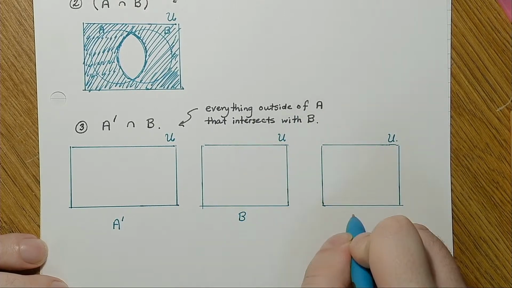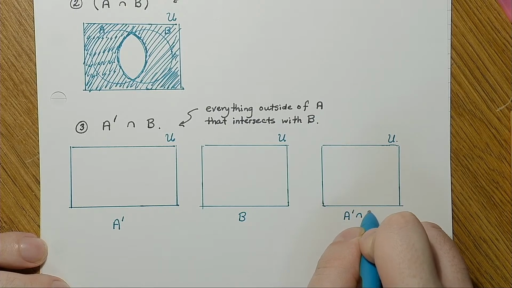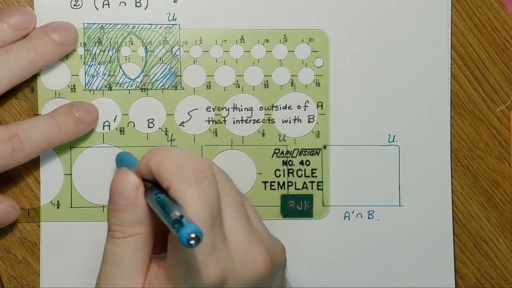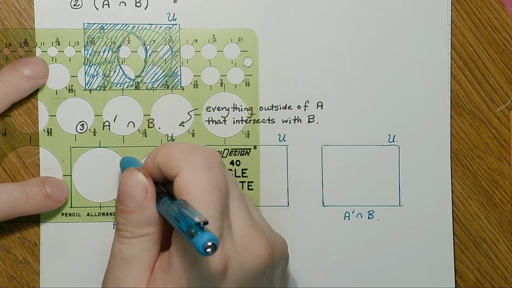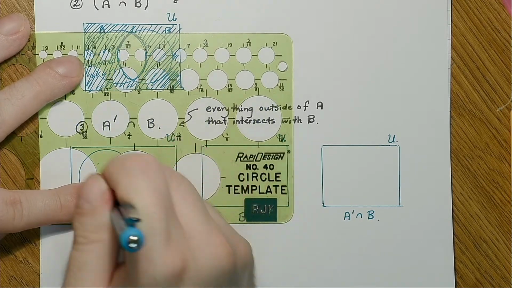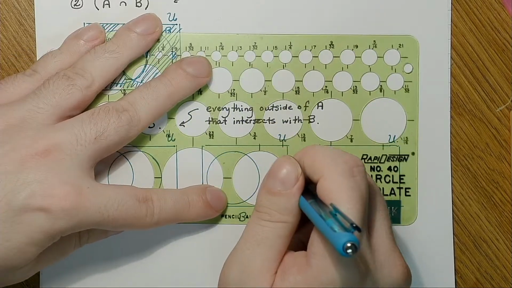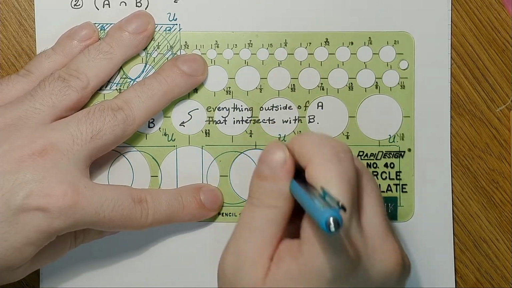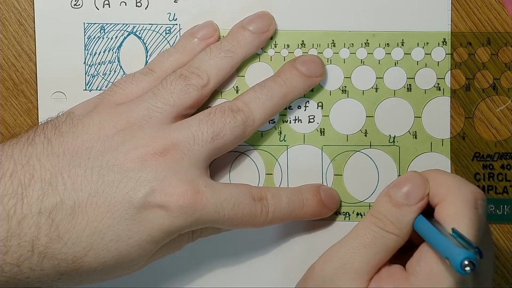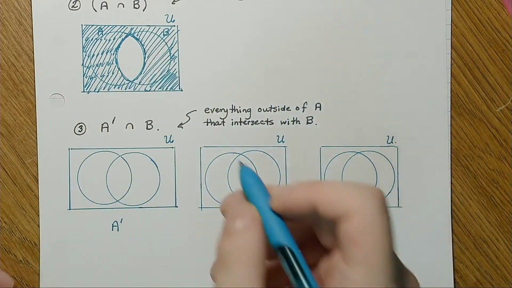Over here we will do B, and then we'll do A prime intersect B. Okay.